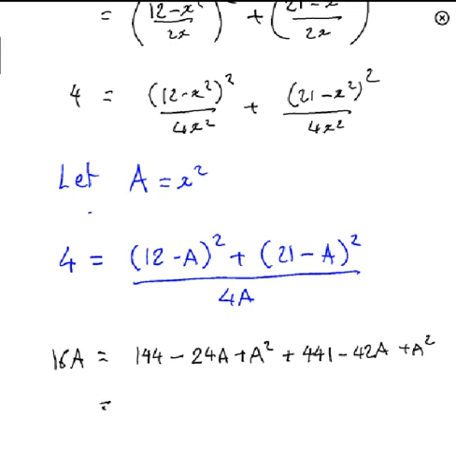We have 144 plus 441. So what's that? So we have 585, minus 66a plus 2a squared.